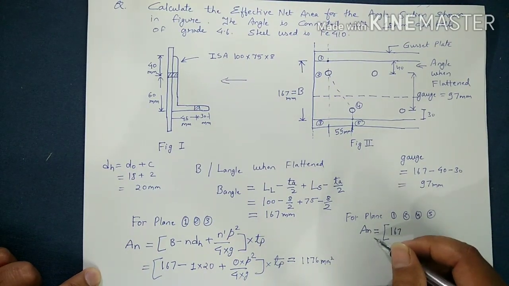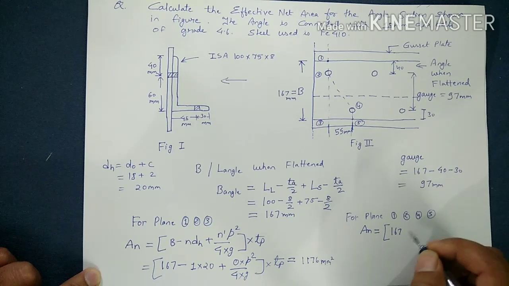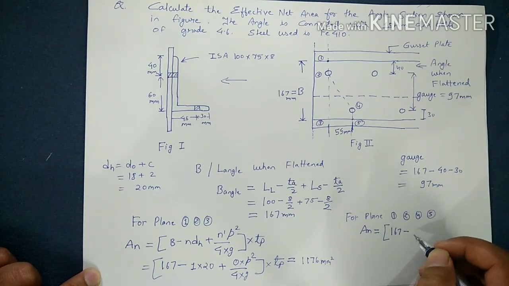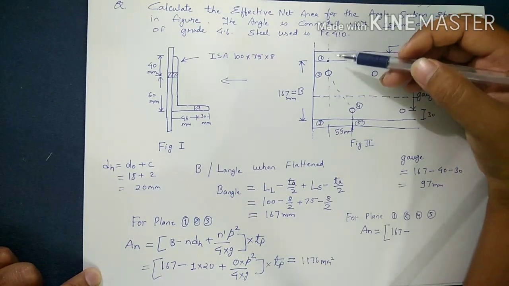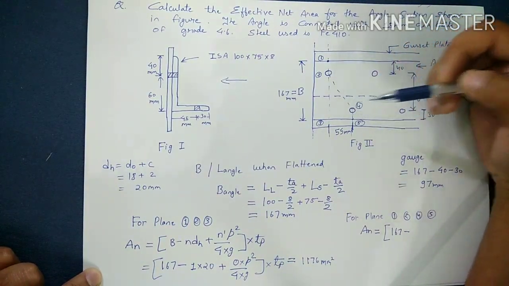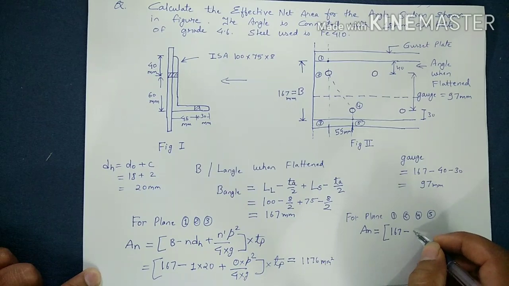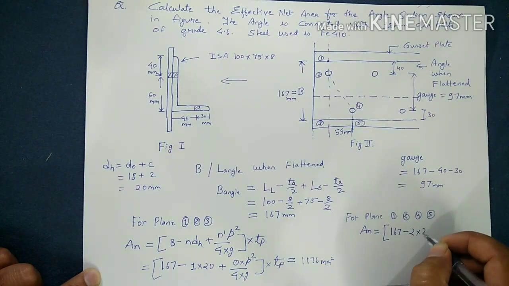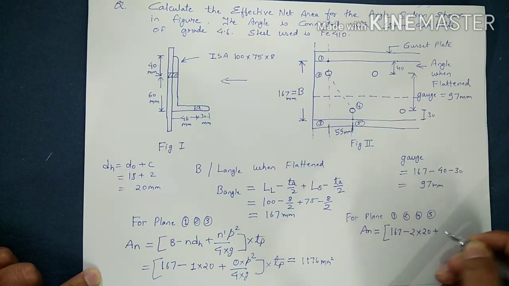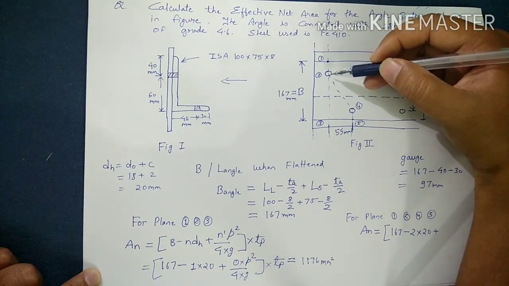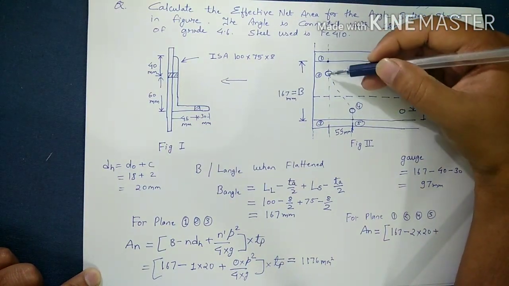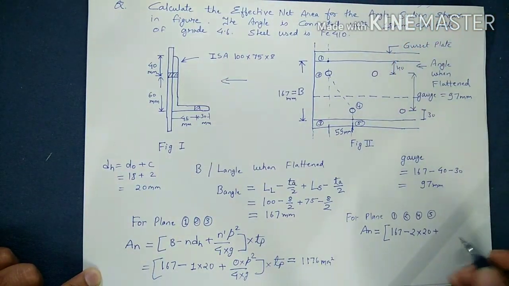Now for plane 1, 2, 4, 5, we have the same formula. Therefore net sectional area will be equal to 167 minus n, that is the number of bolts. The number of bolts in this plane is 2 bolts, into DH is 20, plus this plane has staggered only one time, that is from 2 to 4.